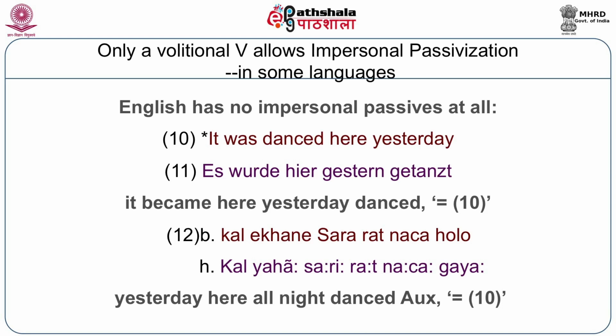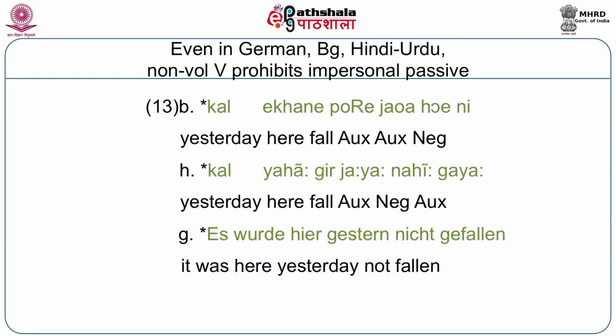English only has what is called the personal passive, where the object becomes the subject. English cannot apply passivization to a sentence that does not have an object at all. Thus, if you take a non-volitional verb such as fall, German does not allow you to say the equivalent of "it wasn't fallen here yesterday," "es wurde hier gestern nicht gefallen." Hindi does not allow you to say the same thing in Hindi.